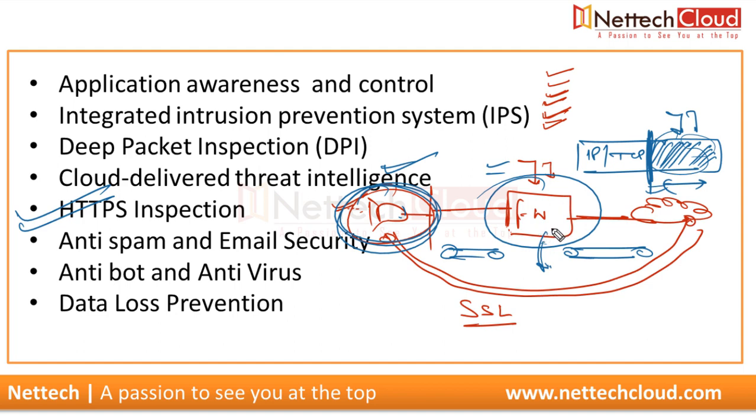Next generation firewalls do have SSL decryption or HTTPS inspection policy, and by using that, even encrypted content can be examined, can be checked for any threat, right? So it's another good feature offered by most next generation firewalls, because in traditional firewalls, this was one of the tactics used to bypass the firewall.